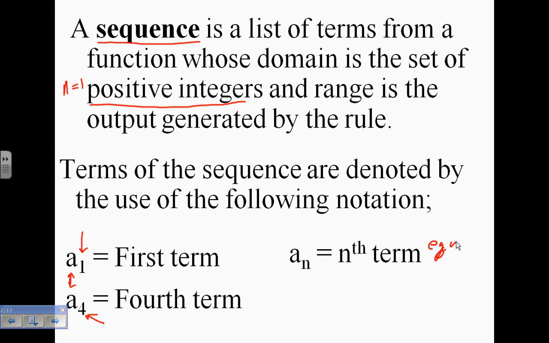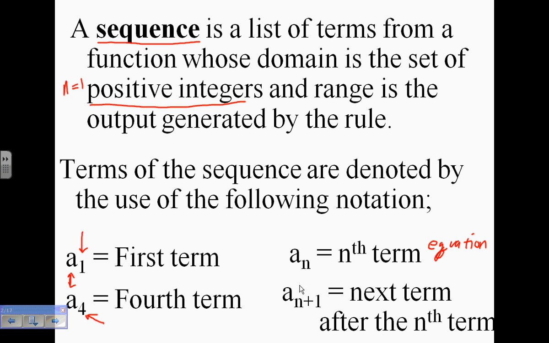You have an nth term equation we're going to talk about. And the one after n is n plus 1, the next term. Make sure you jot those down, because the hardest thing about sequences is how the subscript writing works. So make sure you have that written down and know what it means.